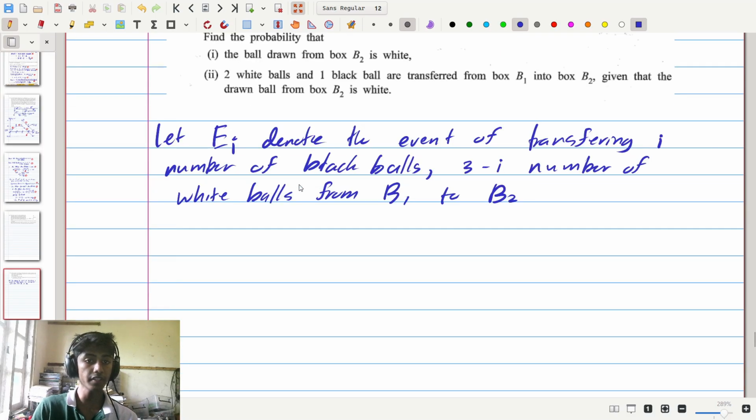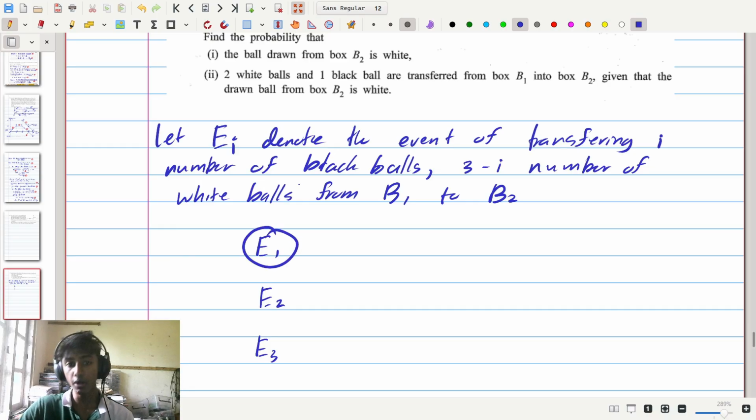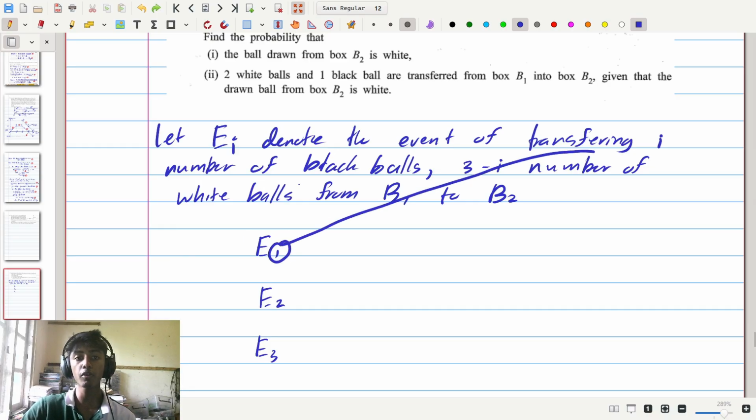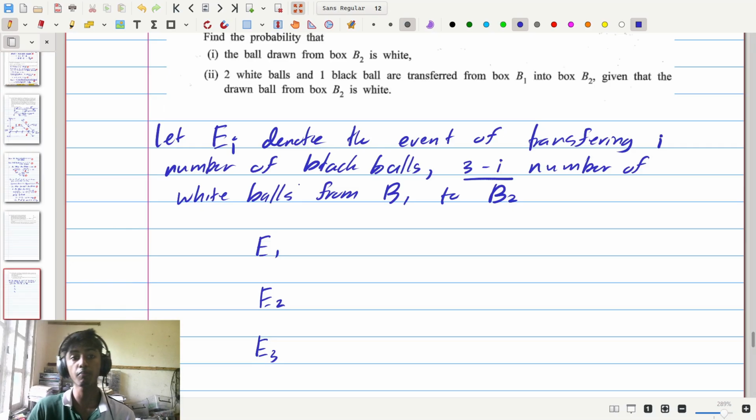Then the 3 events become event E1, E2 and E3. Event E1 occurs when we transfer 1 black ball and 2 white balls, since 3 minus 1 is 2, into the other box. E2 comes when we transfer 2 black balls and 1 white ball into the second box, and E3 comes when we transfer 3 black balls and thus 0 white balls into the second box.